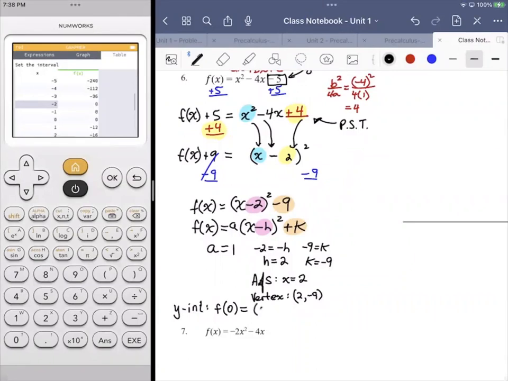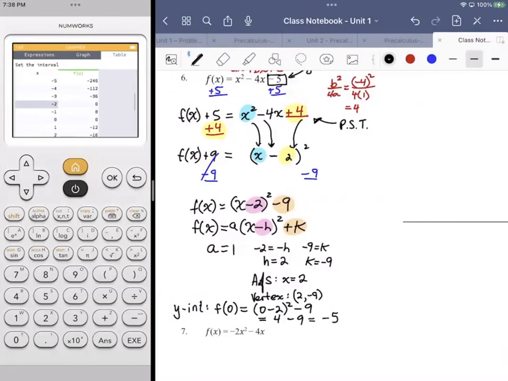So in this case, it would be 0 minus 2 squared minus 9, which is -2 squared is 4 minus 9, so -5. So that's my y-intercept. All right. And from there, we can pretty easily come up with a graph.